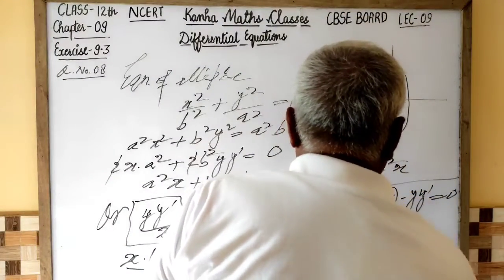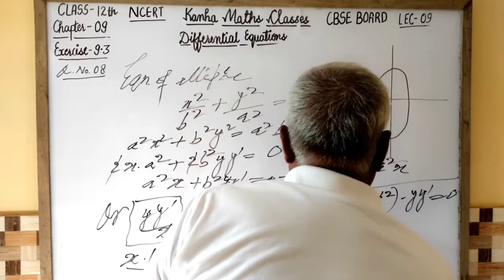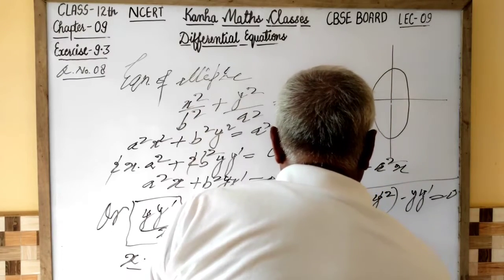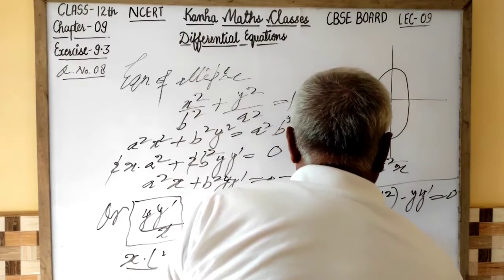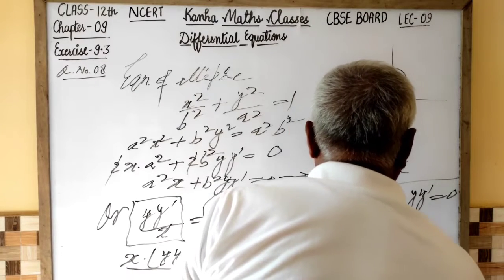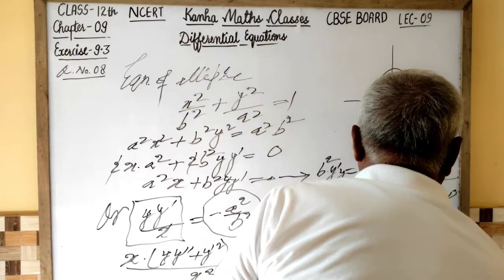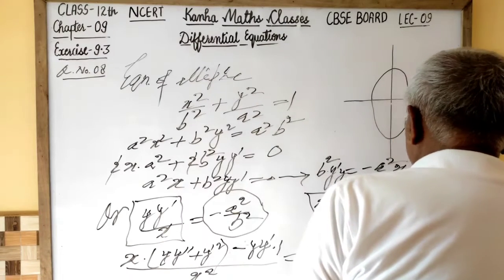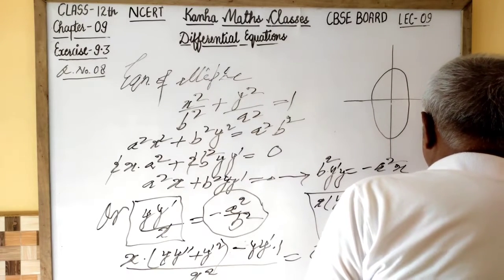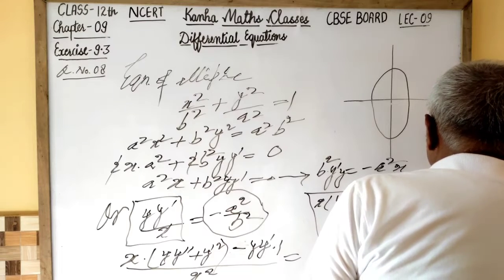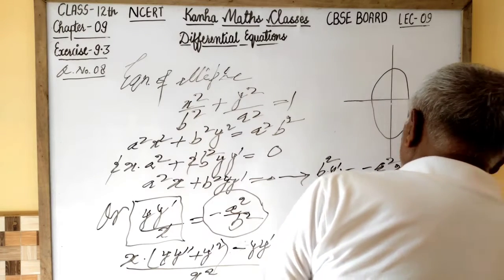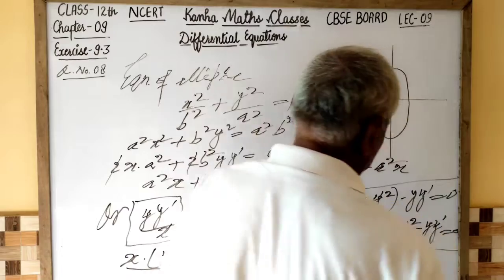Now we write this answer as x y double dash plus x y dash square minus y dash is equal to 0. This is the differential equation of the second order.